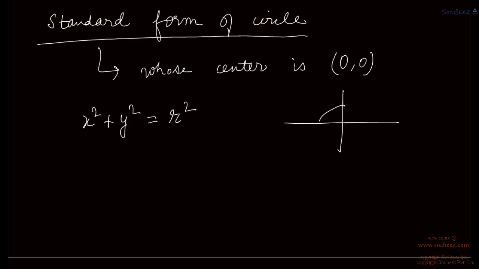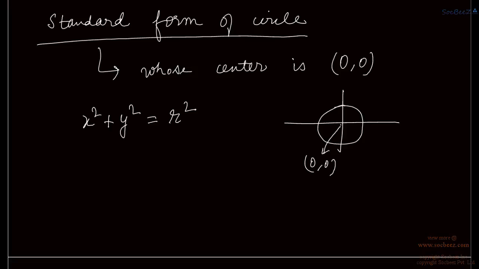Okay. That means this h, k is 0, 0. So we will be reminding all the formulas with respect to the standard form of a circle, and when a general circle comes into the picture, we will be applying this formula, okay, with some modification. We will be looking at that issue.